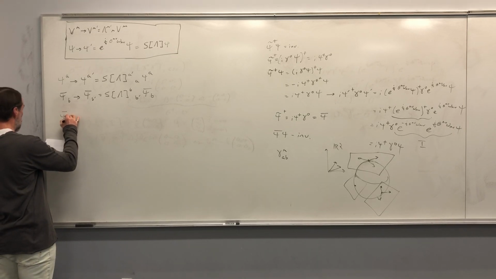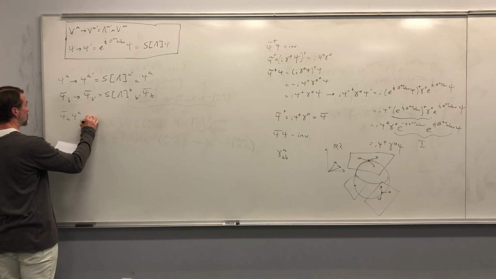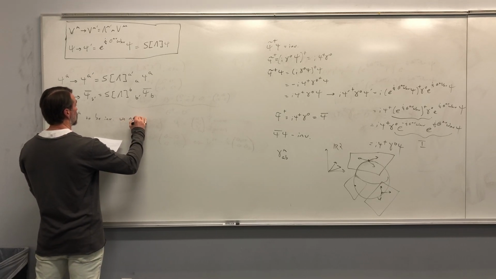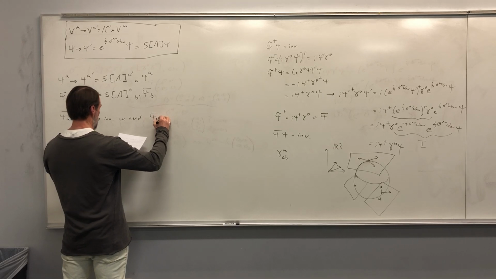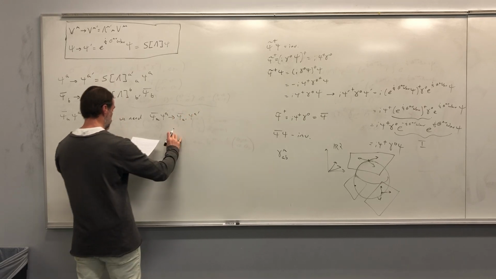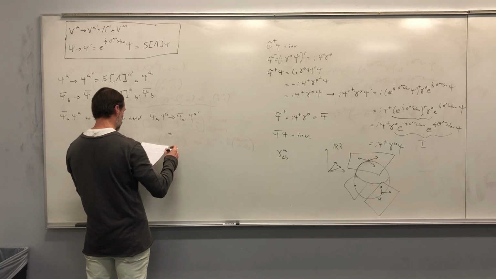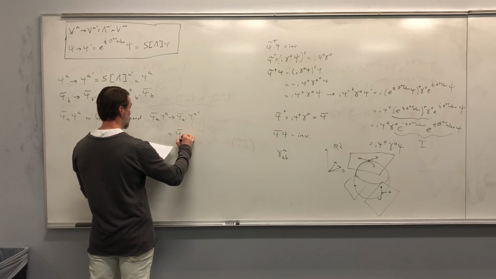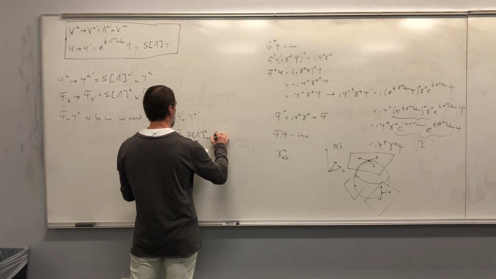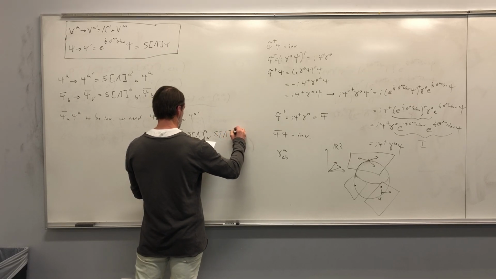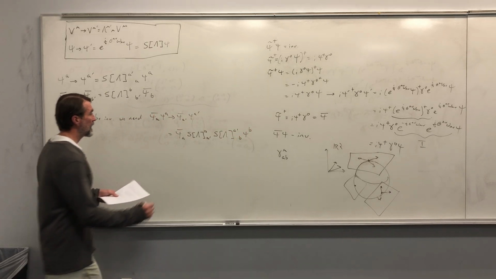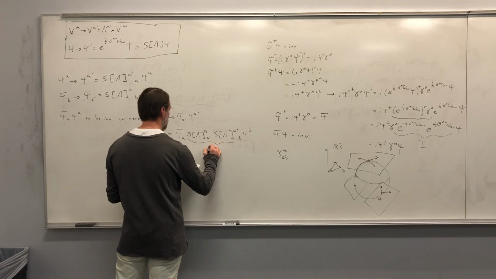And then for psi bar A psi A to be invariant, we need psi bar A psi A goes to psi bar A prime psi A prime, which is, of course, psi bar A S lambda A prime, S lambda A prime B psi B. And we need this to be the identity.